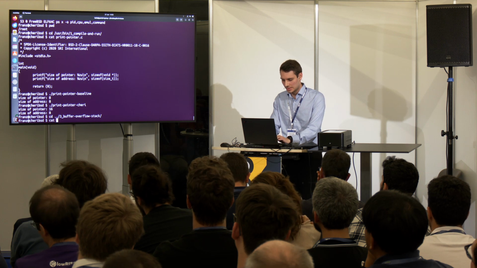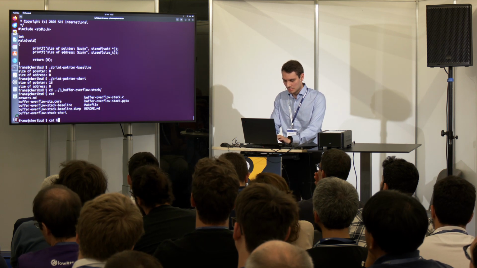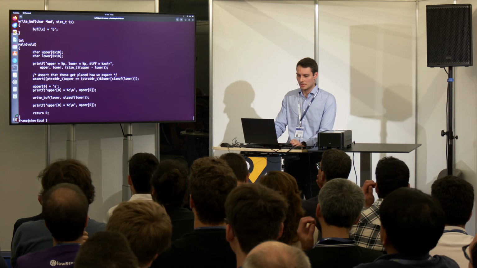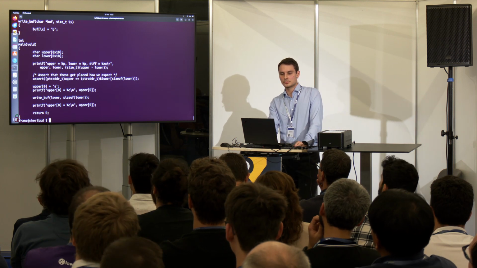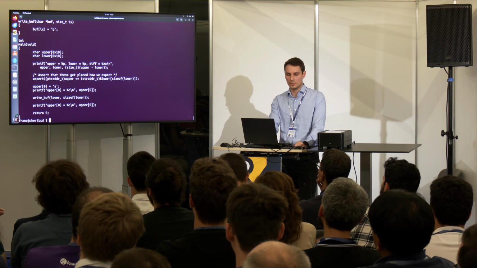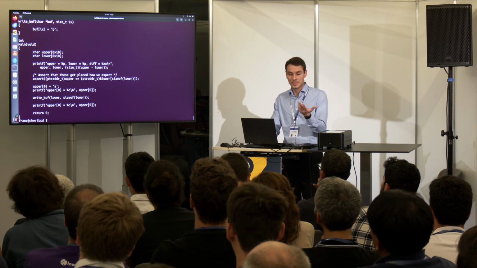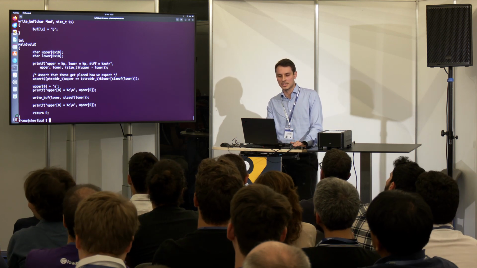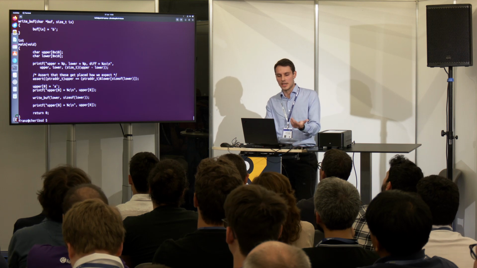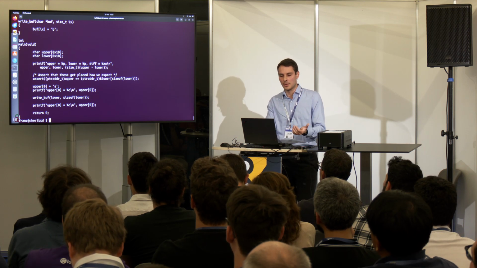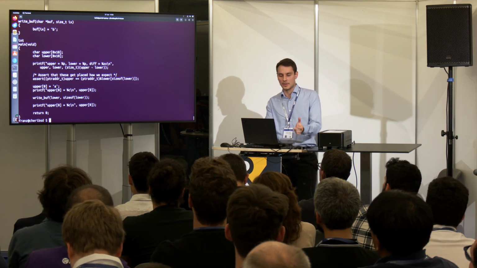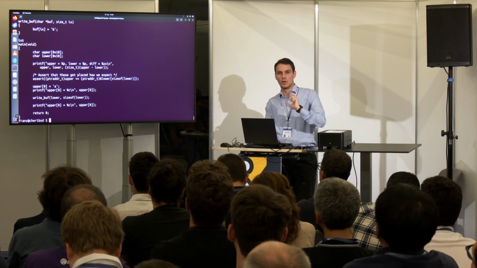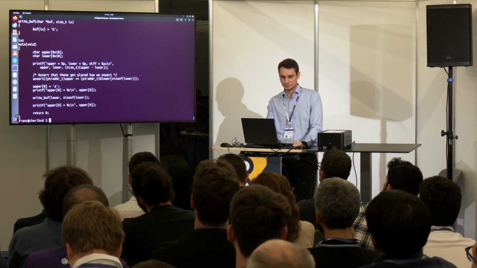So let's look into the source code. What we have in the main program is two buffers, upper and lower. They're both 16 bytes in size, and we then print them to see how they are laid out, and we assert that they are laid out exactly below or above each other in memory.